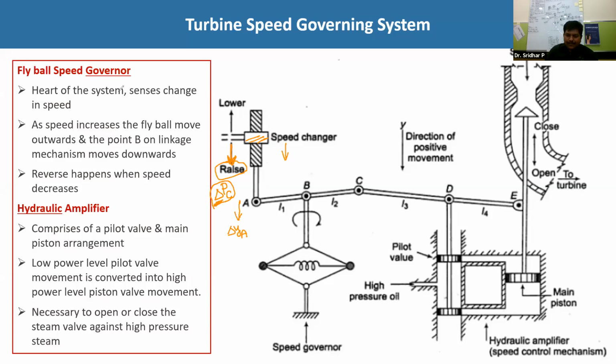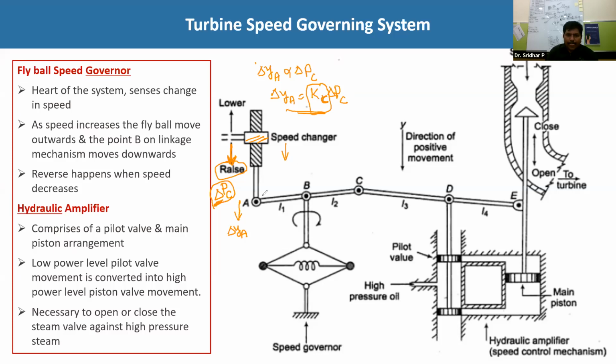Delta YA is directly proportional to delta PC. Suppose delta YA is 1 millimeter; who has decided this displacement? Only delta PC. So delta YA is equal to KC into delta PC, where KC is the proportionality constant.